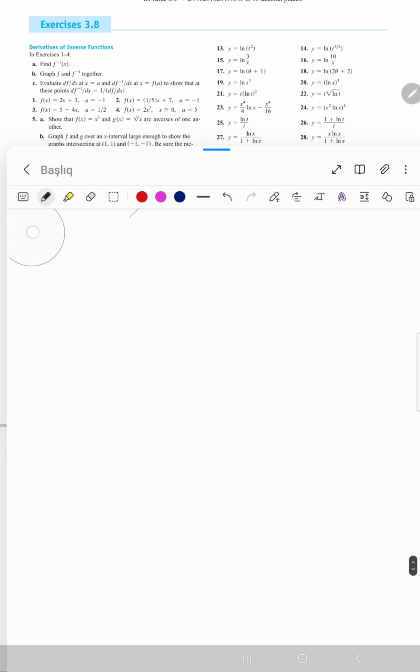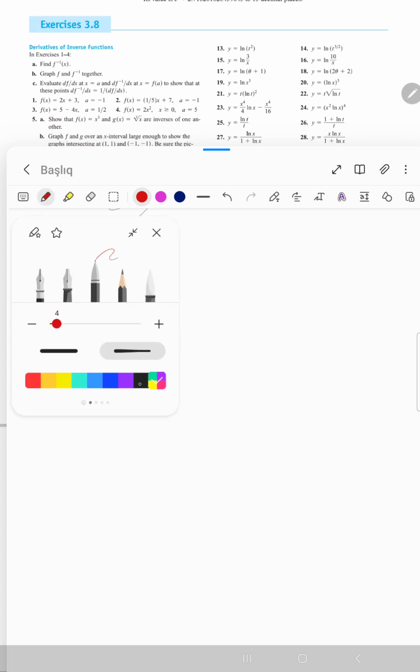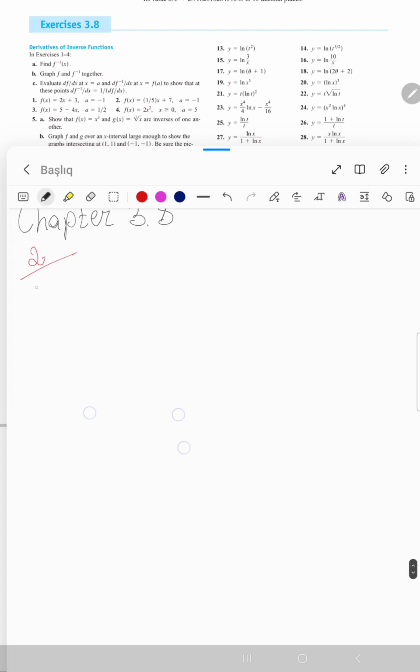Chapter 3.8, question 2. We have f(x) equals 1 over 5x plus 7, and we have a equals minus 1.